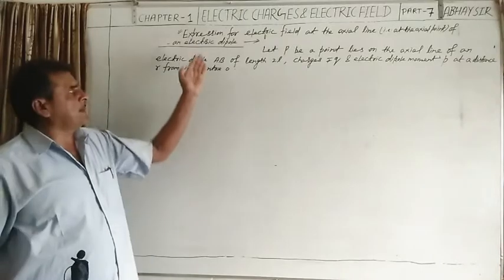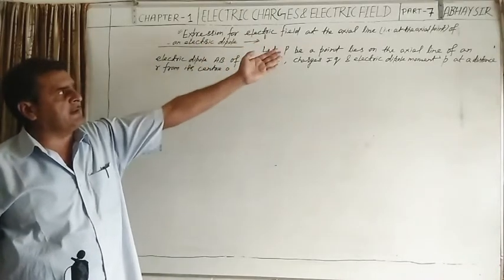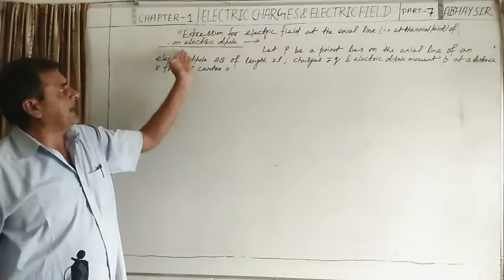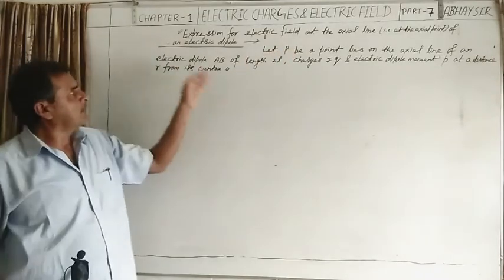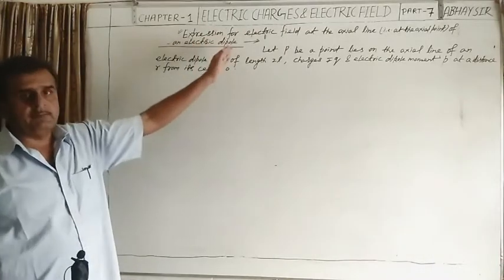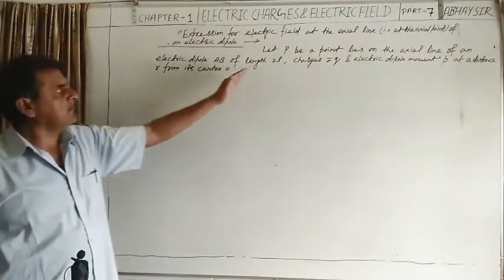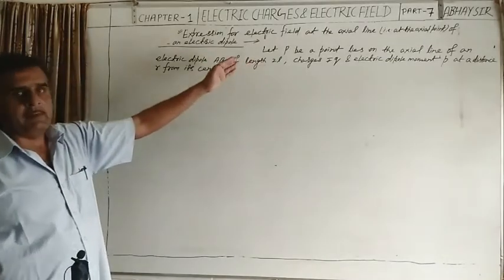Now the next topic is the expression for electric field at the axial line, that is at the axial point of an electric dipole. This can be asked as a long question in the examination, so you can prepare it.